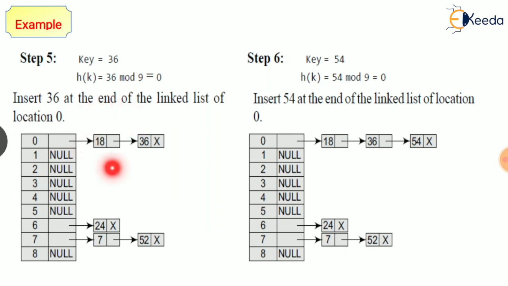So 0 is already occupied. Now 18 has the address in its next part, with the help of which it can point to the next element linked with this first element, because both have position 0.